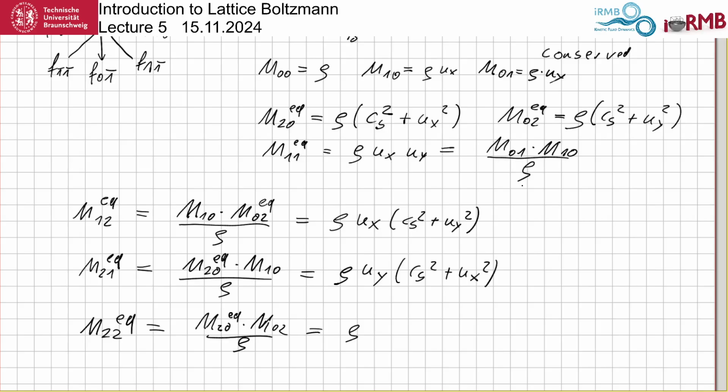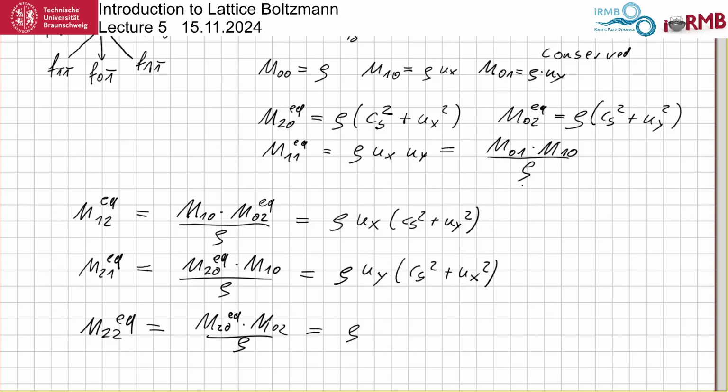So usually, you see, all these probability things are only applied for normalized distribution functions. Because we have not normalized it, when we have a product of two moments, we have to divide once. So if we had a product of three moments, we would have divided twice. So in the end, all of them have rho in front.